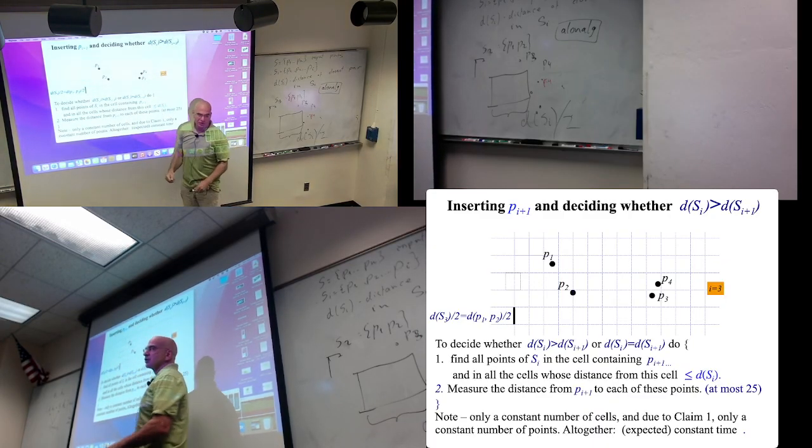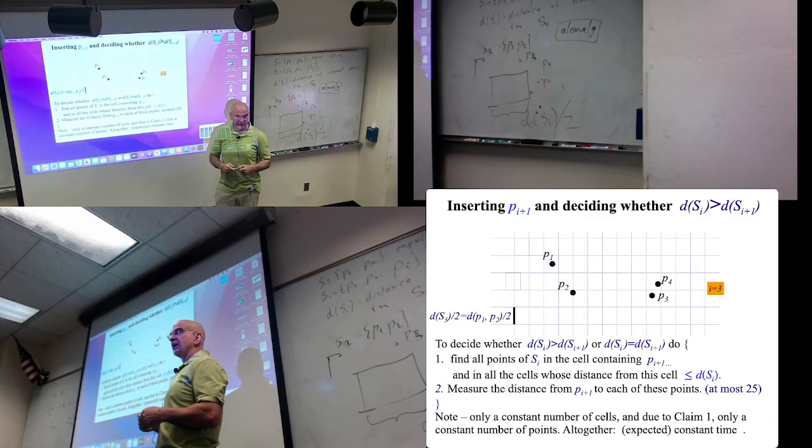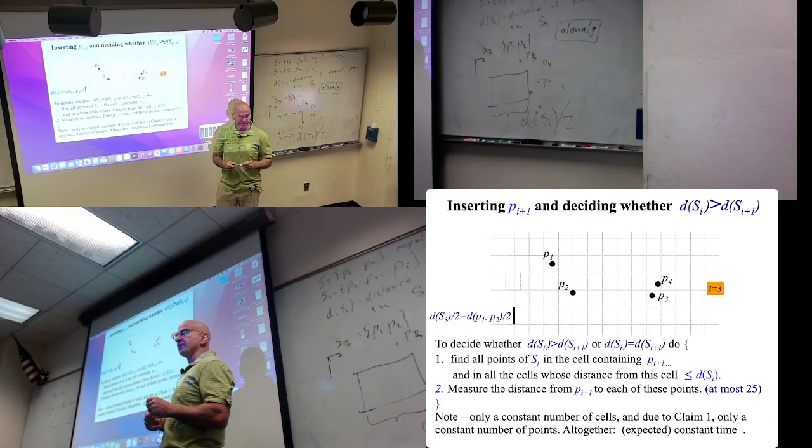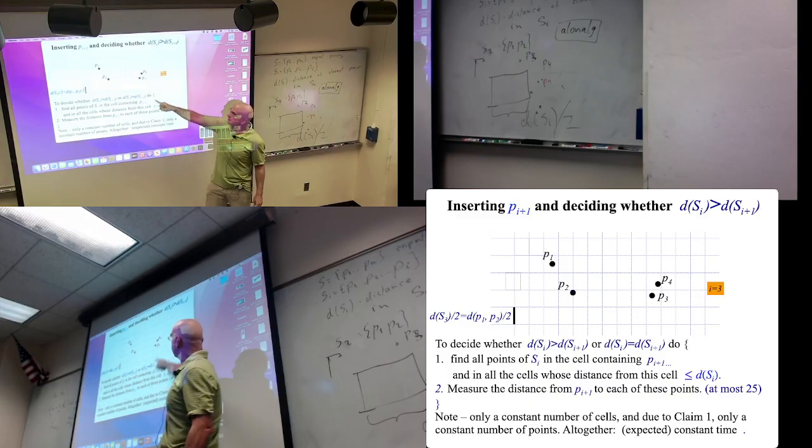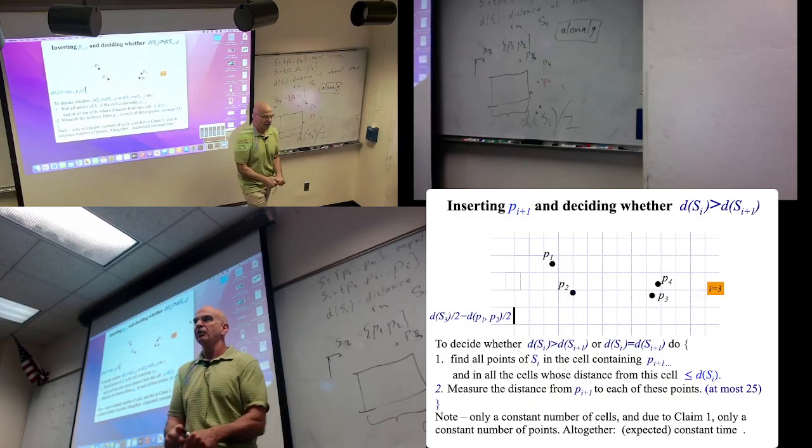Okay, and P4 is just appearing. And maybe because P4 appears, I have a new closest pair. Once P4 is joining P1, P2, P3, maybe a new closest pair is found. And of course, if it's found, then one of the members of this closest pair is the newcomer P4, obviously.